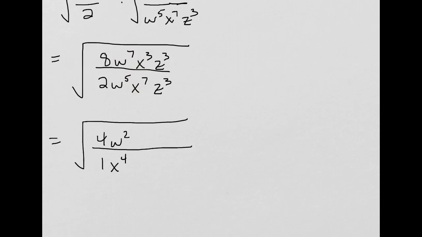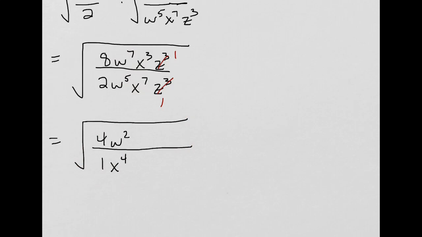So that means if I divide out top and bottom by z to the 3rd, I end up with just a 1 and a 1, which means I don't have z's left over on the top or the bottom. So this is what I'm left with, this guy.